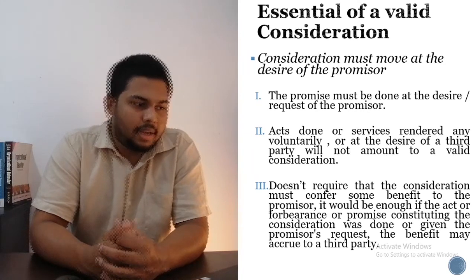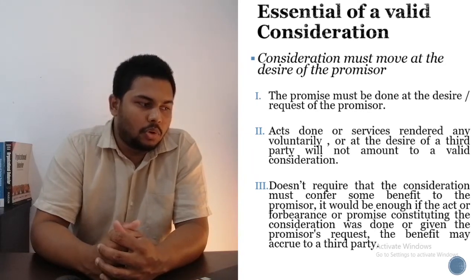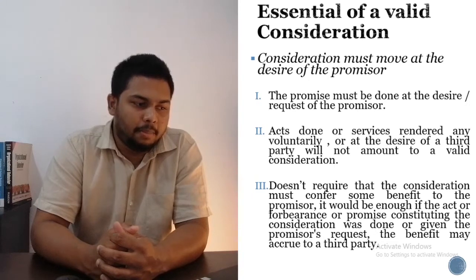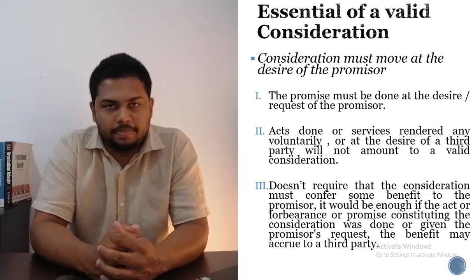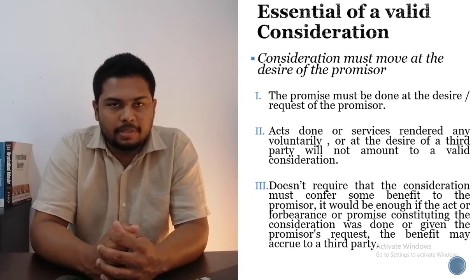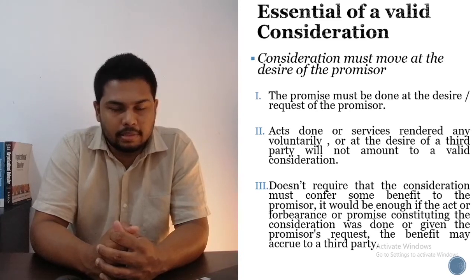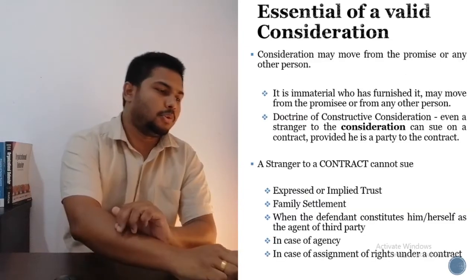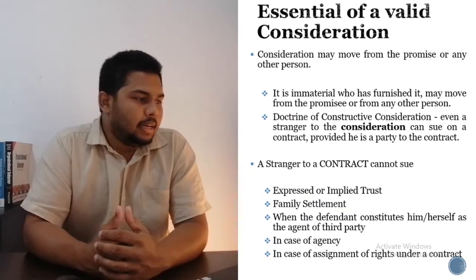It would be enough if the act of forbearance or promise constituting the consideration was done or given at the promisor's request; the benefit may accrue to a third party. You must remember all these conditions whenever you are considering a valid consideration. So let's move to the next slide.